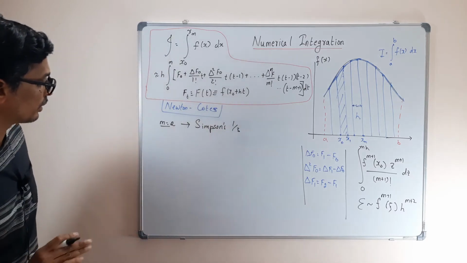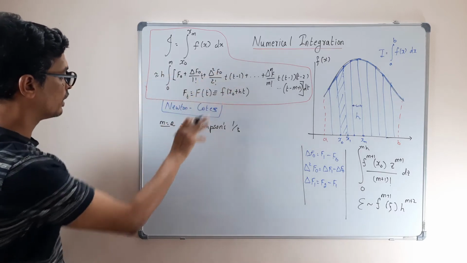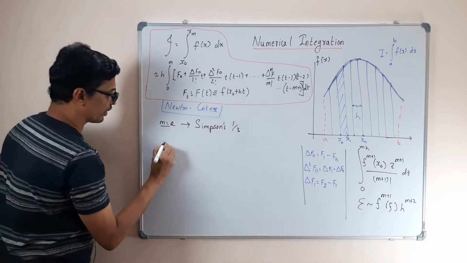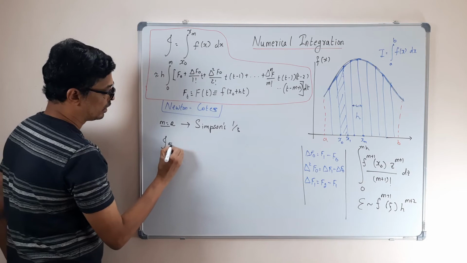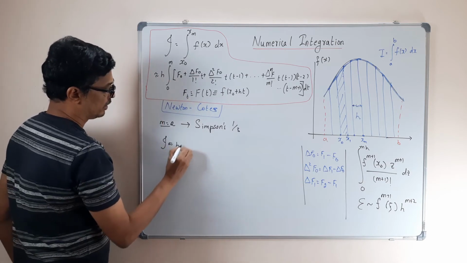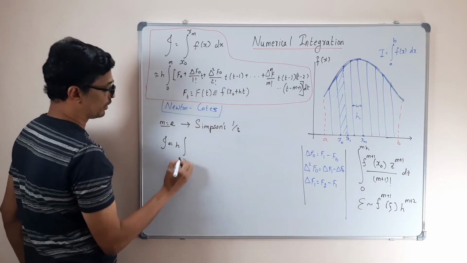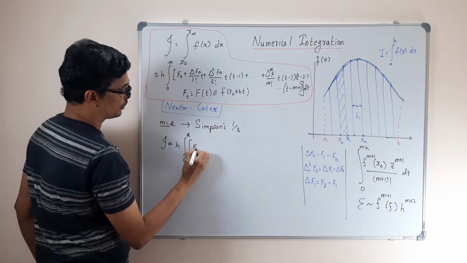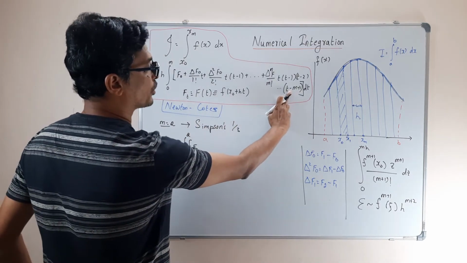Now let us concentrate on how this algorithm gets developed for the case of m equal to 2. So when m equal to 2, this integration I is going to be the integral of h, from 0 to 2, of f0. You can see when m equal to 2, the series stops at the term up to t minus 1.